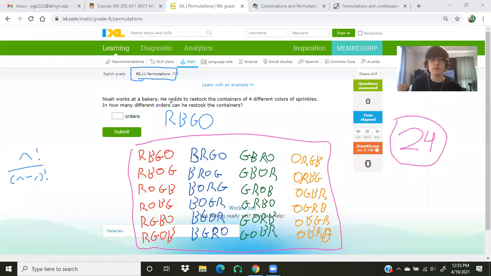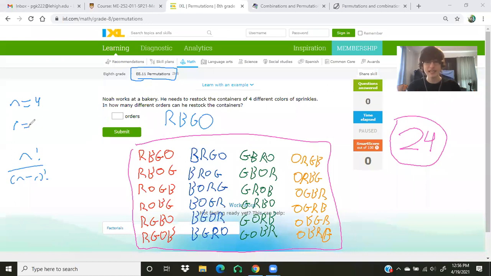So the question then becomes, what is n? Well, n is the total number of things that you're looking at. In this case, it's the different colors of sprinkles. So n is equal to 4. What is r then? That is how many you're actually going to pick, which is interesting.